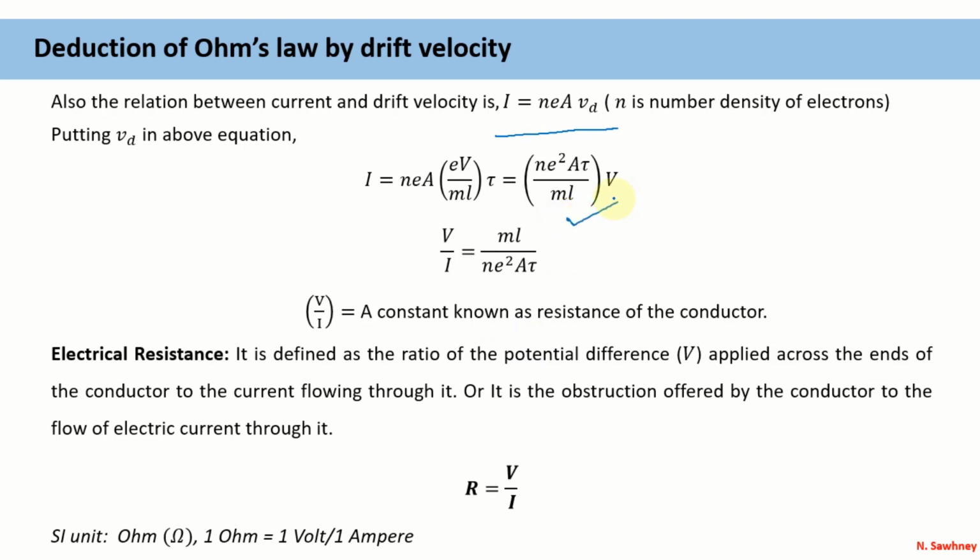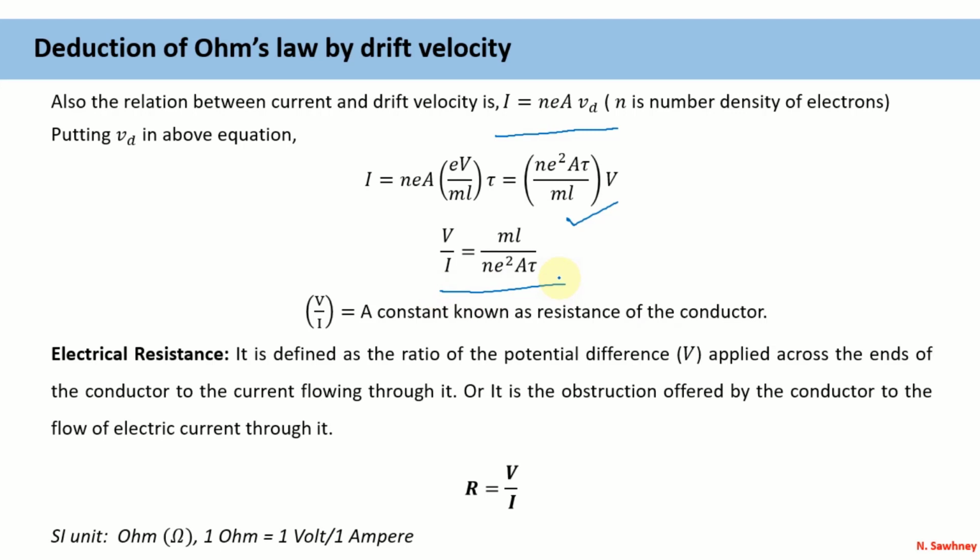Now again we are rearranging this I and V relationship so as to form a ratio V upon I, which is nothing but the resistance of the conductor. The expression shows us that V upon I is equal to mL upon ne square A tau.